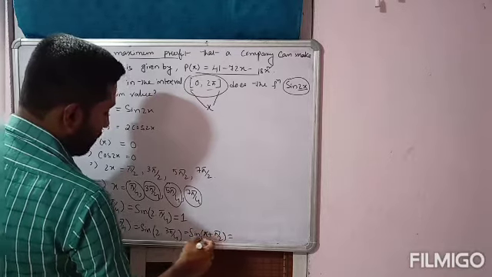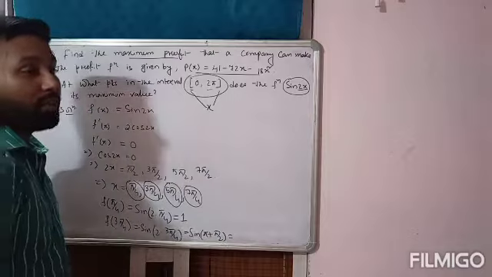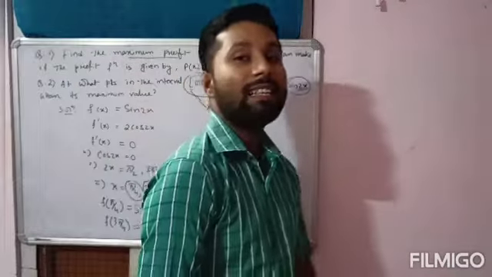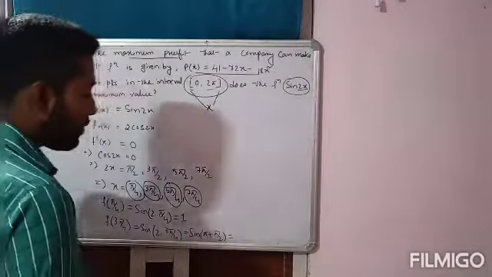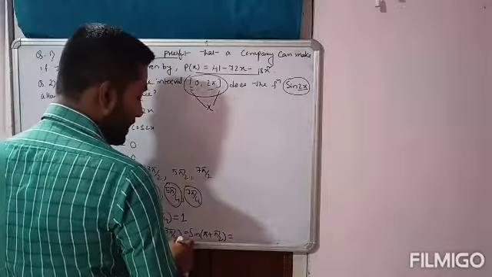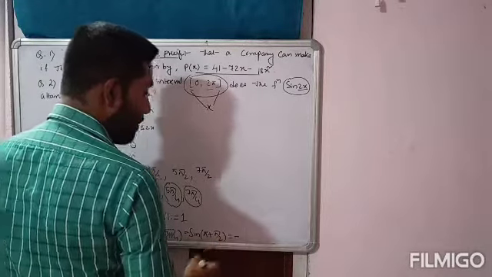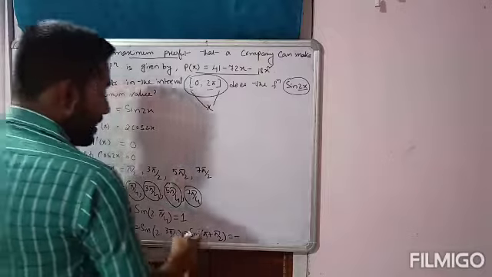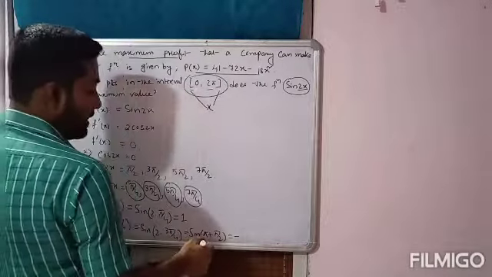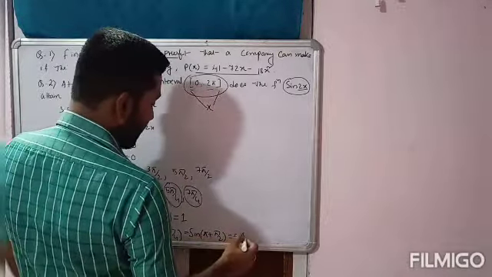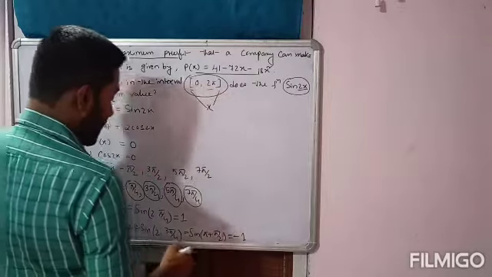Yes or not? So 180 plus theta lies in which quadrant? 180 plus theta lies in the third quadrant. And in the third quadrant, according to the ASTC rule, sine is always negative. So minus. It is an even multiple, so sin 90. The value of sin 90 is 1. So this becomes -1.